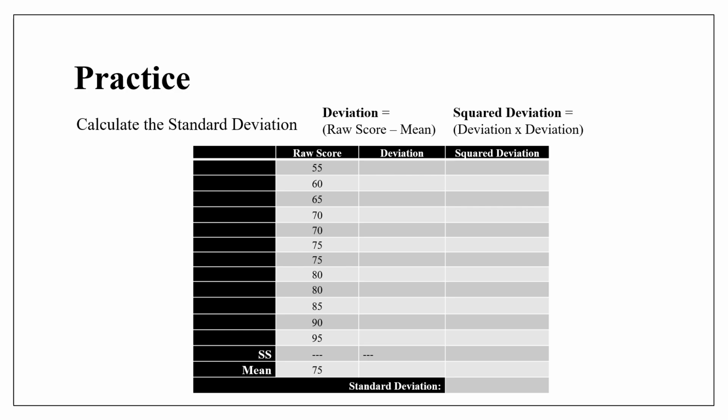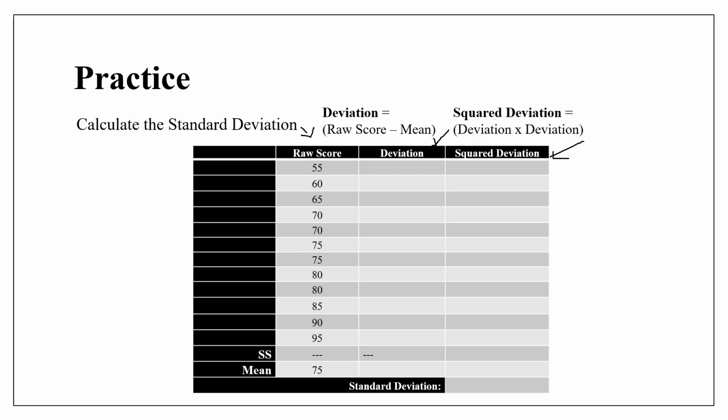So here's typically how you're going to see this in your homework assignments or in your exams. Let's first get familiarized with how the table that we're going to be working with is structured. We have three main columns: the raw score right here, the deviation right here, and then the squared deviation right here.